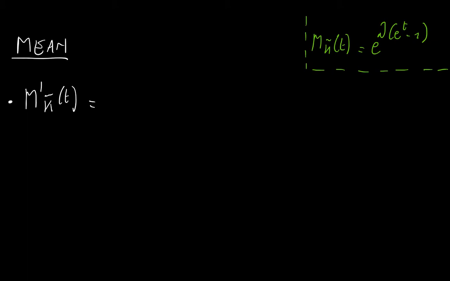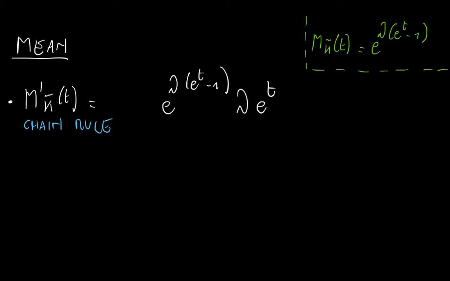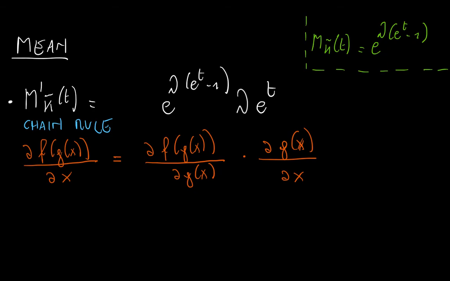The first derivative with respect to t of the moment generating function is this product, because we have to recall the chain rule for deriving a function of t.